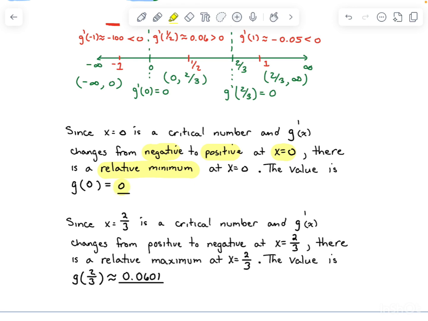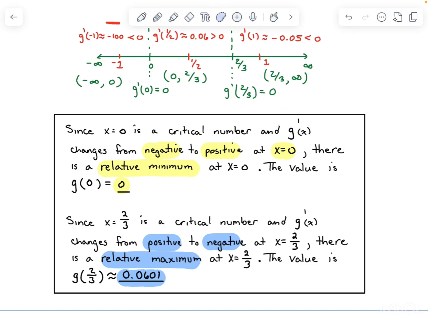For the relative maximum, we have, since x is equal to 2/3 is a critical number, and the derivative changes from positive to negative at x is equal to 2/3, there is a relative maximum at x is equal to 2/3. The value is approximately 0.0601. I will leave it up to you to graph this function into Desmos to verify these results. And we are done.